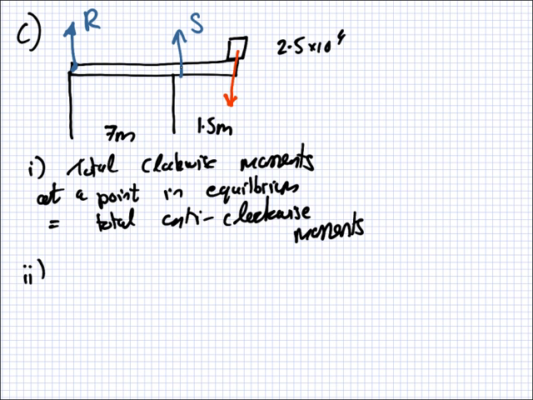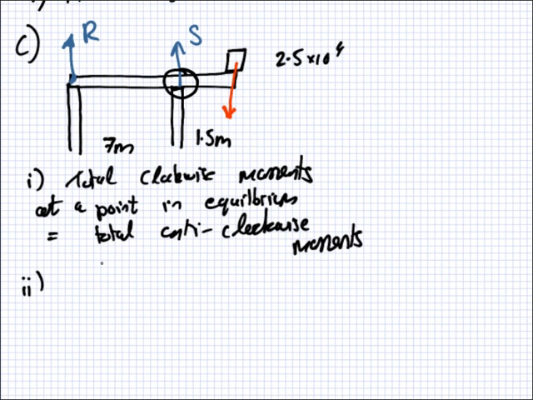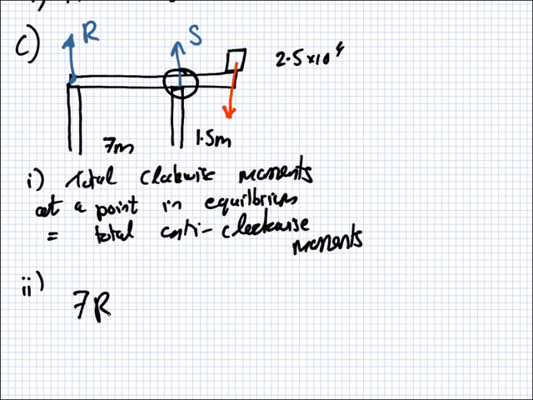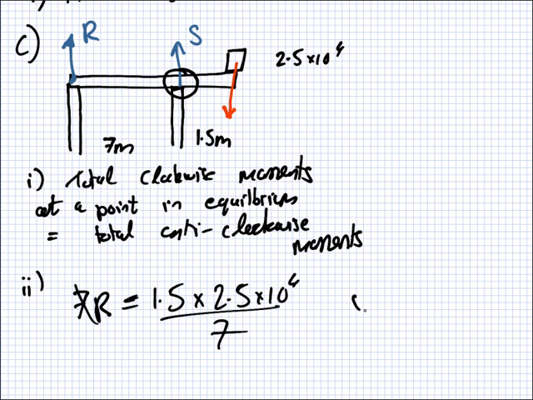So where will we take the turning point? We want the force at X, so I'll take the turning point here. So that's 7 times R should equal 1.5 times 2.5 times 10 to the 4. So R is that over 7 and the direction is upwards.